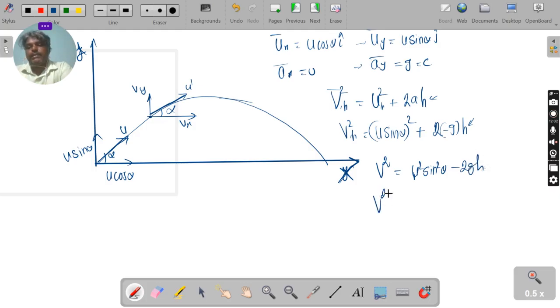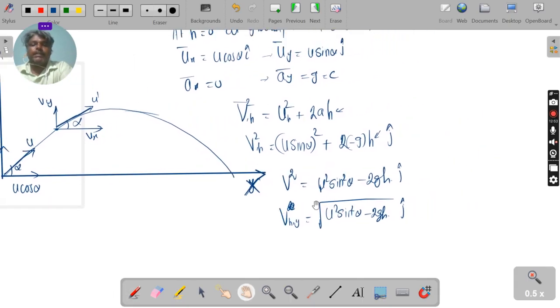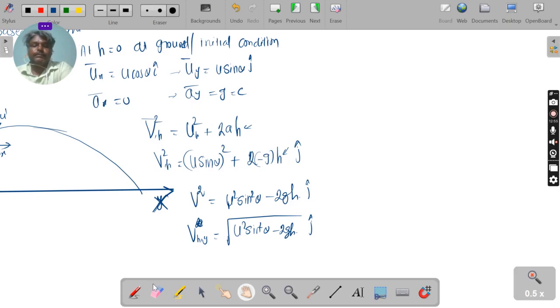So velocity at any height, for the vertical component, is root of u squared sin square theta minus 2gh along the j cap direction. What is the resultant velocity at any height? The velocity at any height is equal to velocity along x direction plus velocity along y direction.